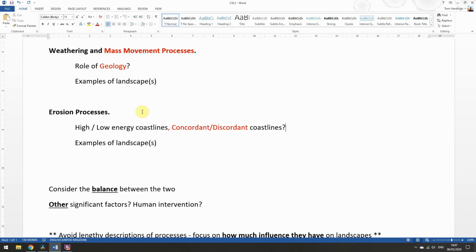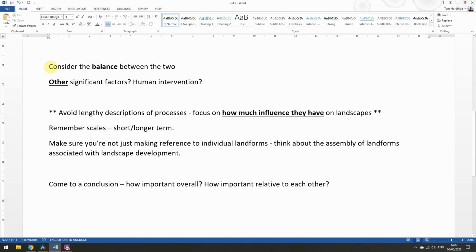Above all, within this answer, what you really want to be doing is considering the balance between the two things. You want to be thinking about how much of an influence does weathering have, how much of an influence does erosion have, how much do the two of them have combined, and trying to present that viewpoint in your answer.